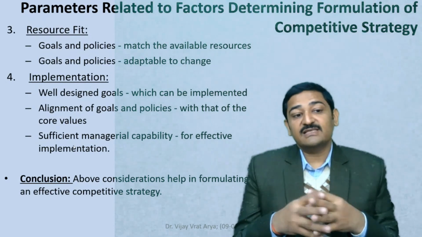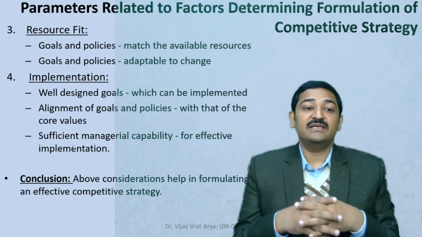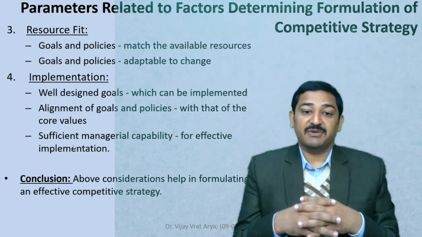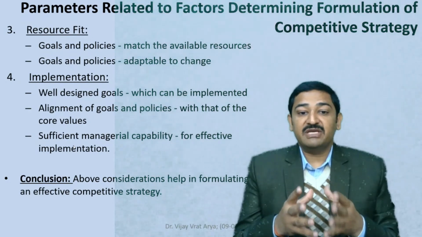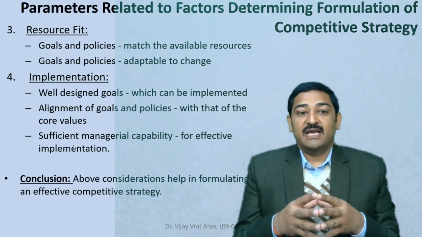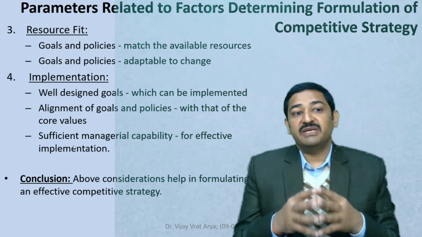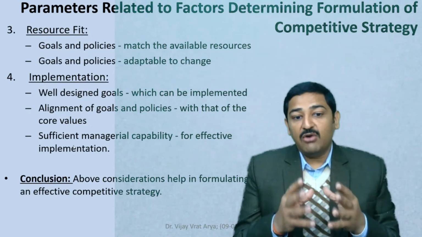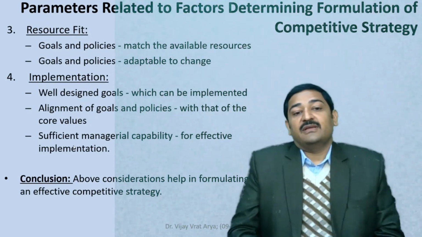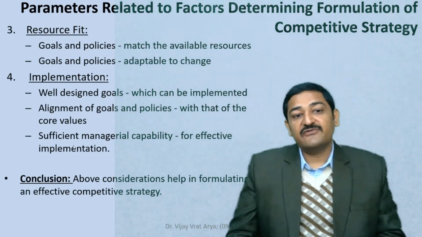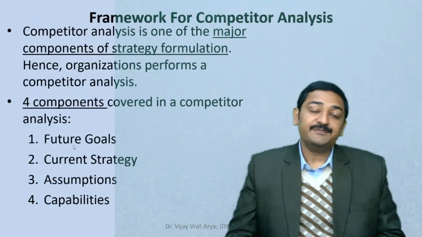The third parameter within the implementation factor is sufficient managerial capability, and it is meant for effective implementation. If we try to conclude based on these four factors, we can say that the above considerations help the organization in formulating an effective competitive strategy.